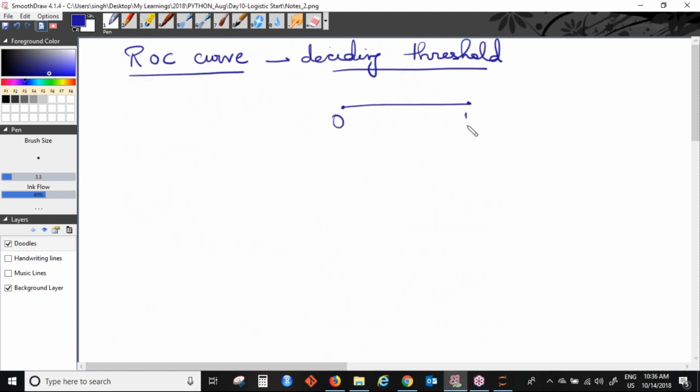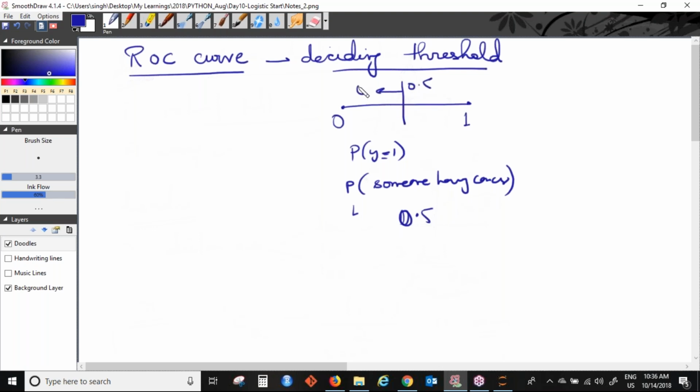So let's say this is 0 to 1, and we are talking about the probability of y equal to 1, or the probability of someone having cancer. Let's say we take a threshold of 0.5. Whatever is below this we classify as 0, whatever is above this we classify as 1.